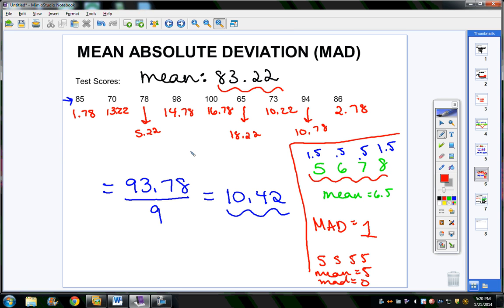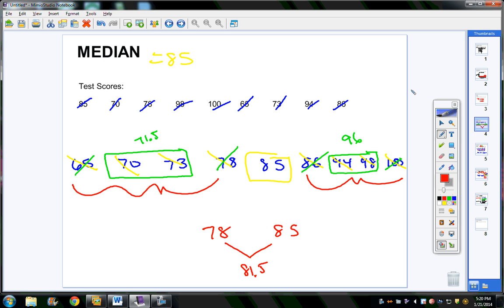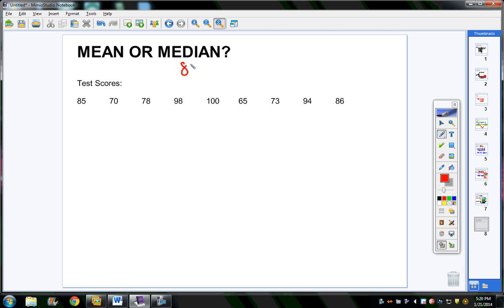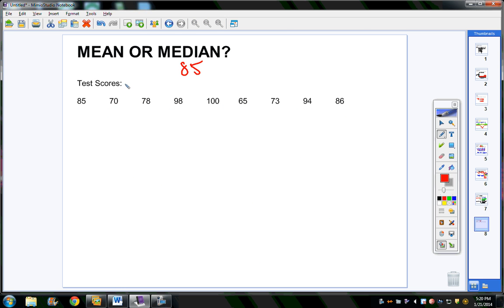So where that comes into play is when you're talking about mean or median. We found the median to be 85. And then the mean was, what was it again, 83.22? This one isn't too big of a deal as far as difference, but because the MAD is kind of getting farther away from the data set, the median would be a better measure of the data.